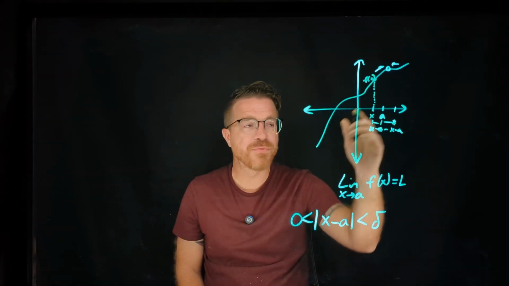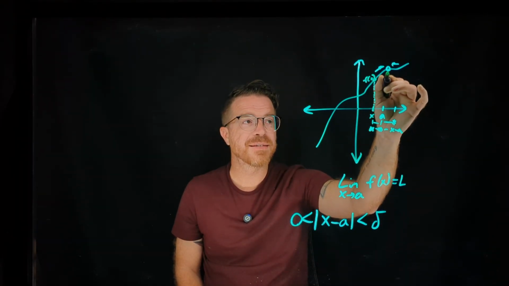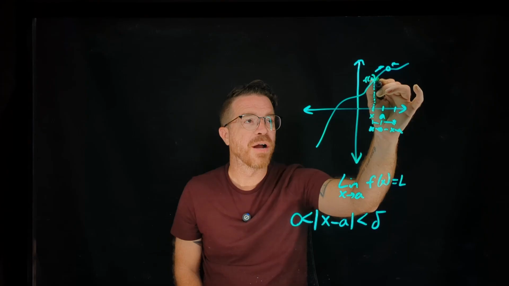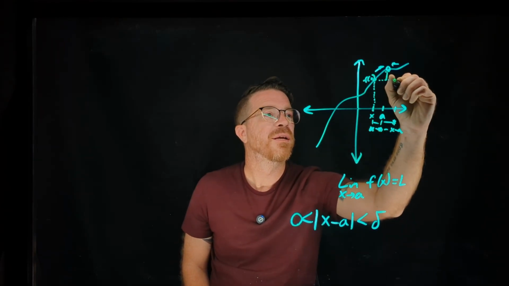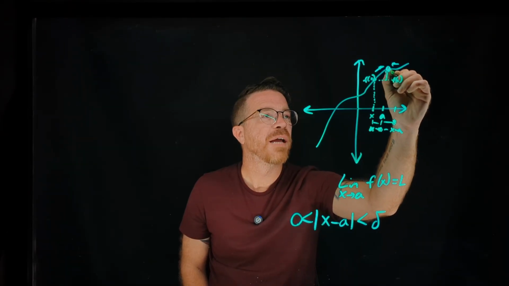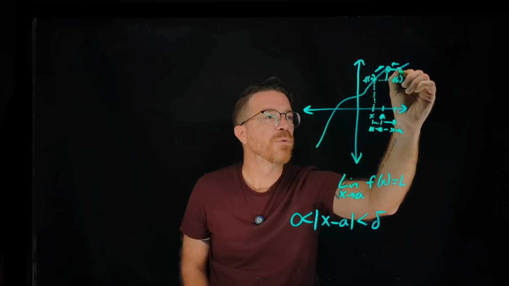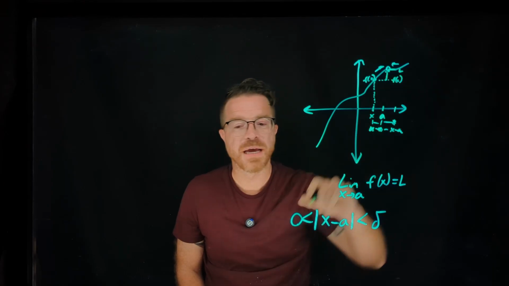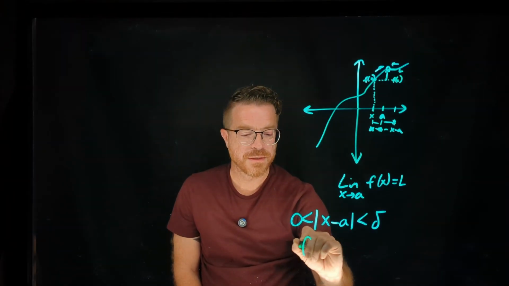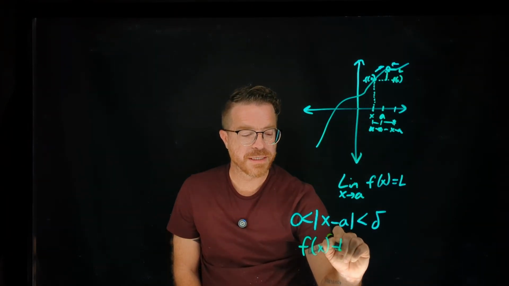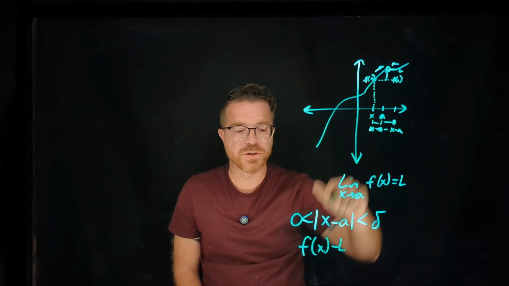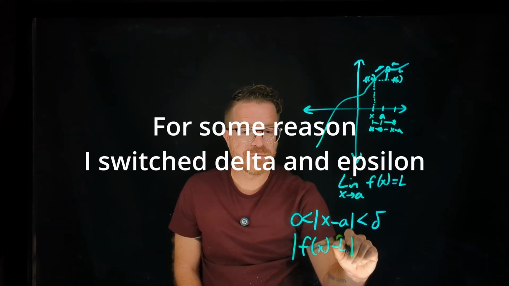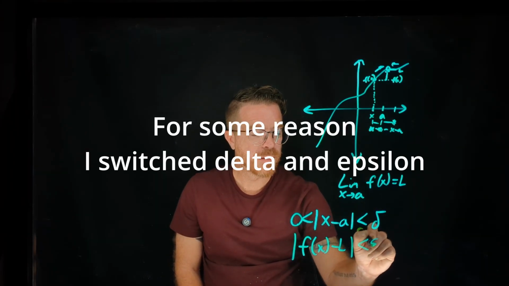So what this is saying is that f of x is going to be based on some distance between f of x and my value L, which is based on the limit it is. So we have f of x minus L, and again, I could be above, I could be below, depending on what the limit is and the direction of all that kind of stuff. So the absolute value of this will be less than some epsilon.